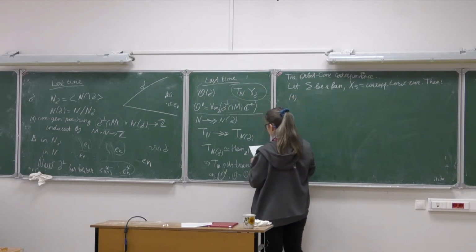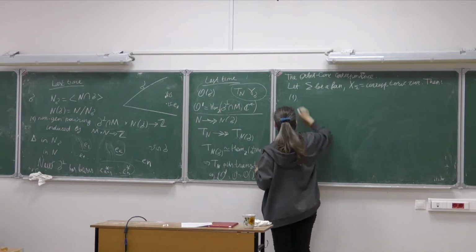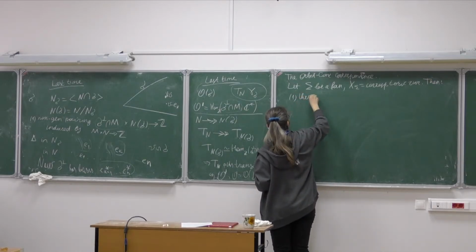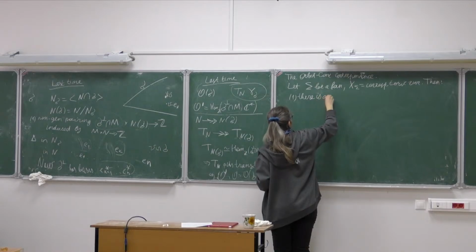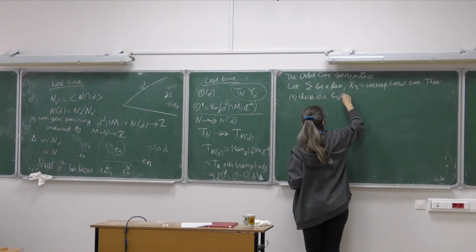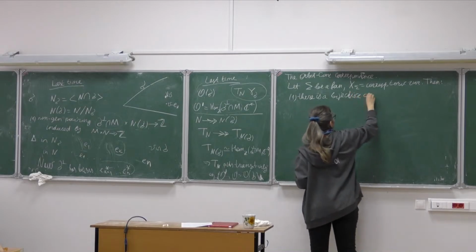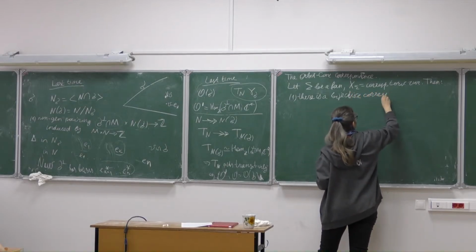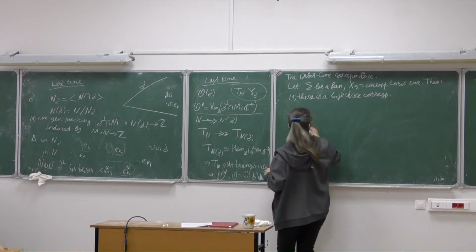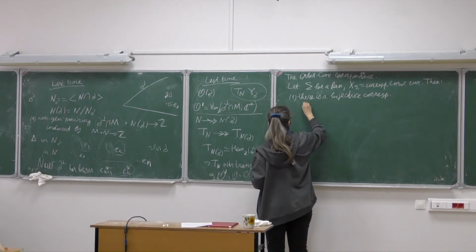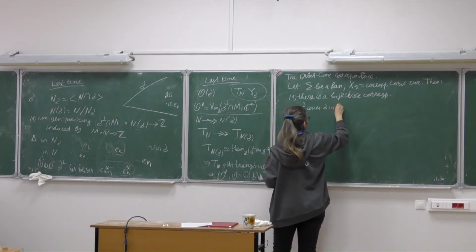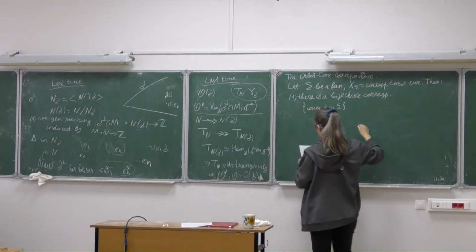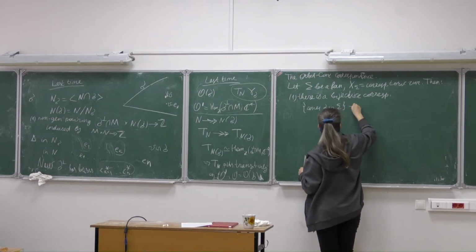There is a bijective correspondence between cones in our fan and T-orbits in X sigma.